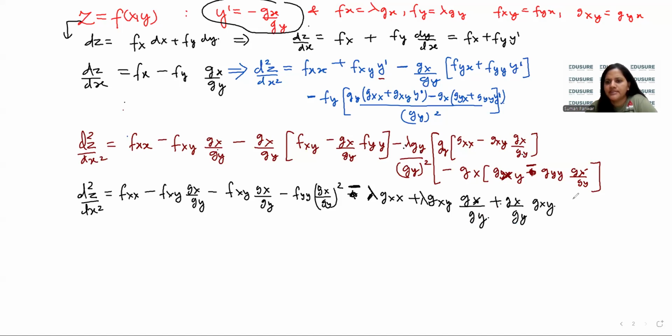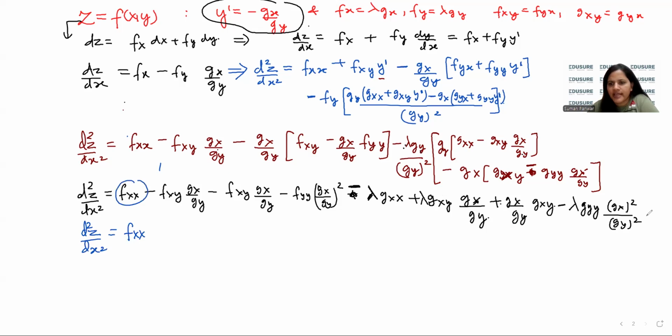So that is minus lambda times gyy. And then this is going to be gx square by gy square. Okay. So now in the next step, we will have d square z by dx2 equals f of xx.